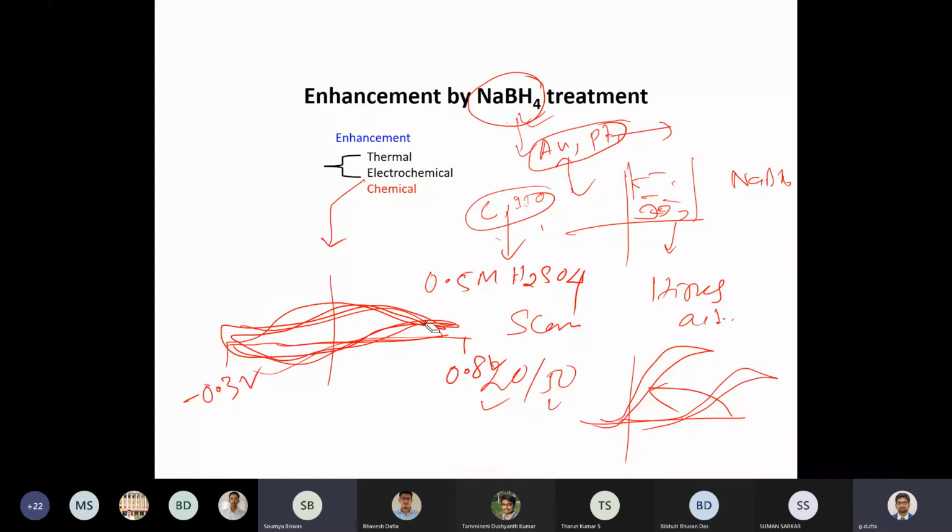So generally, for the development of a biosensor, you should follow any of the cleaning methods: thermal cleaning, electrochemical cleaning, or chemical cleaning. You should follow at least one, because when you receive the electrode from any industry or company, they are sometimes very casual with the shipment process.